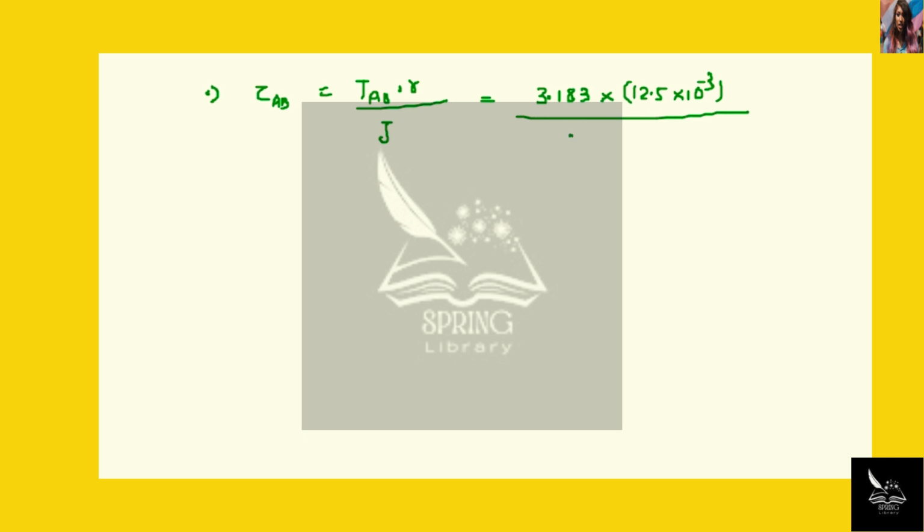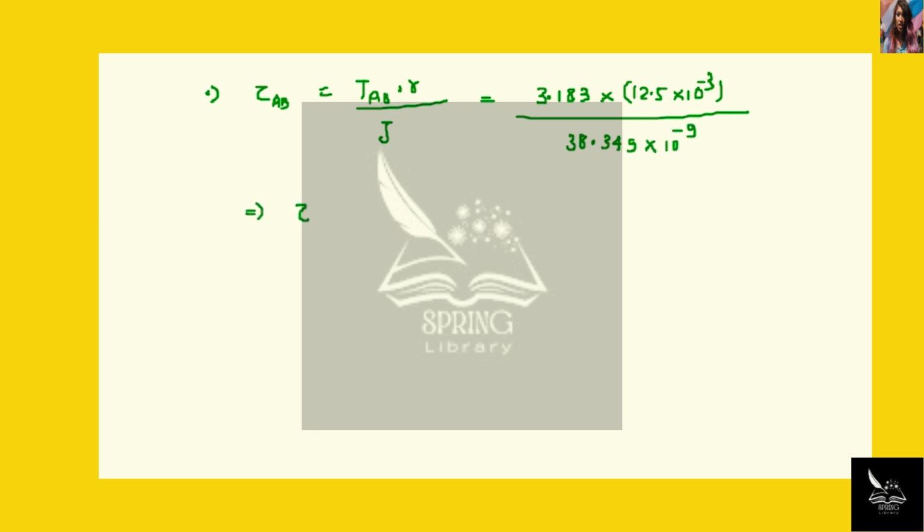Let us now calculate the maximum shear stress in shaft AB. So tau AB max will be equal to the torque in section AB multiplied by the radius divided by the polar moment of inertia. The torque in section AB we have calculated as 3.183, multiplied by the radius 12.5 multiplied by 10 to the power of minus 3 meter, divided by the polar moment of inertia, 38.349 multiplied with 10 to the power of minus 9 meter to the power of 4.